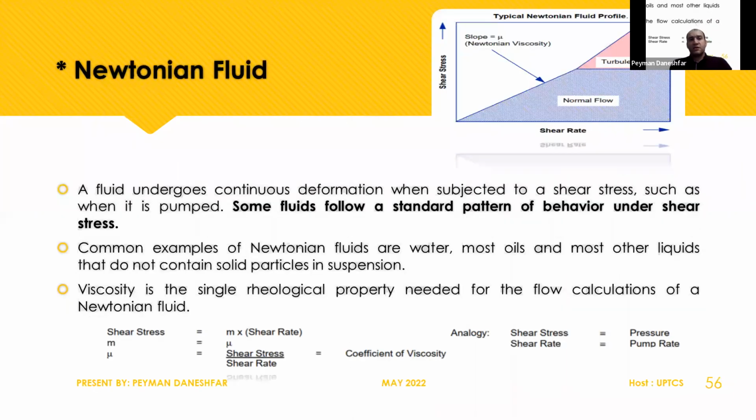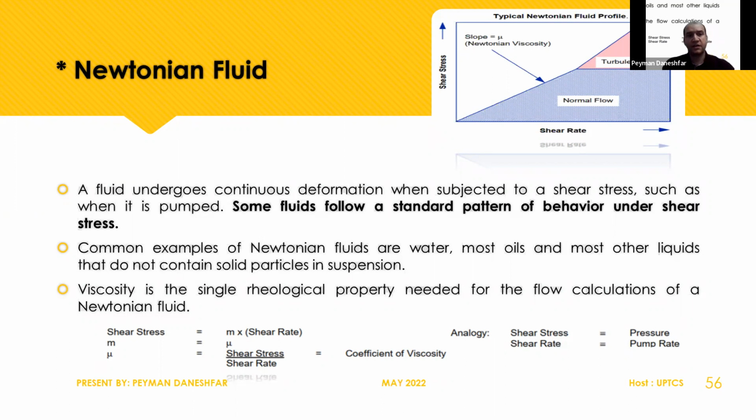And you can see that a Newtonian fluid undergoes continuous deformation when subjected to shear stress, such as when it's pumped. Some fluids follow a standard pattern of behavior under shear stress. With the shear stress, whether normal flow or turbulent flow, they every time follow a standard pattern.